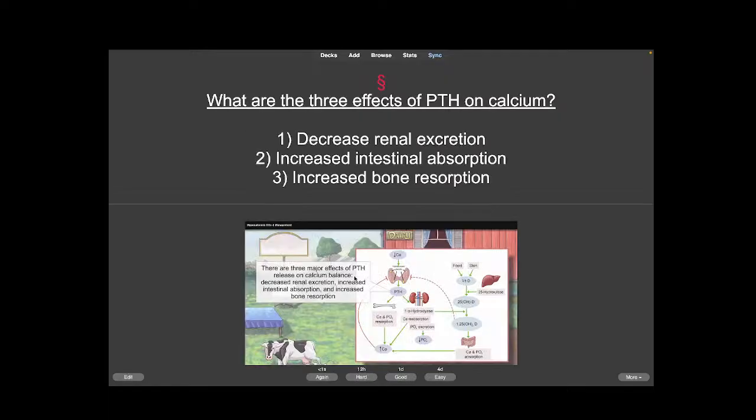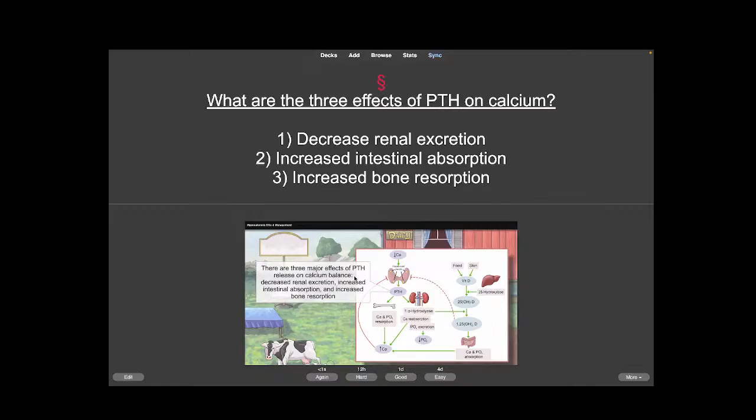So we have decreased renal excretion. What is this? Well, listen. Obviously, if you're excreting less. What does PTH do? Does it reabsorb the calcium, right? Or does it increase bone resorption? Decreased renal excretion. Okay, and then increased intestinal absorption makes sense.